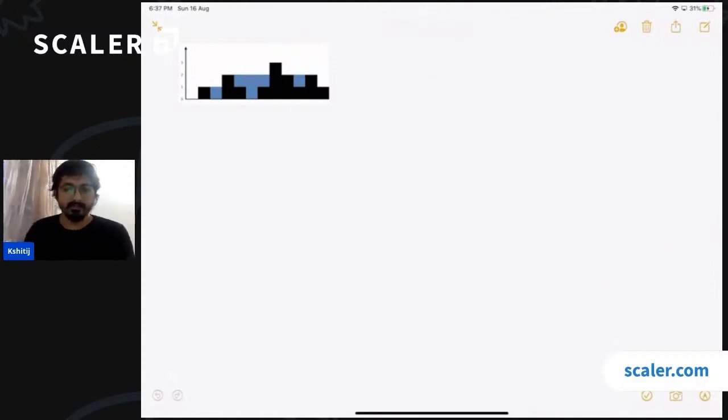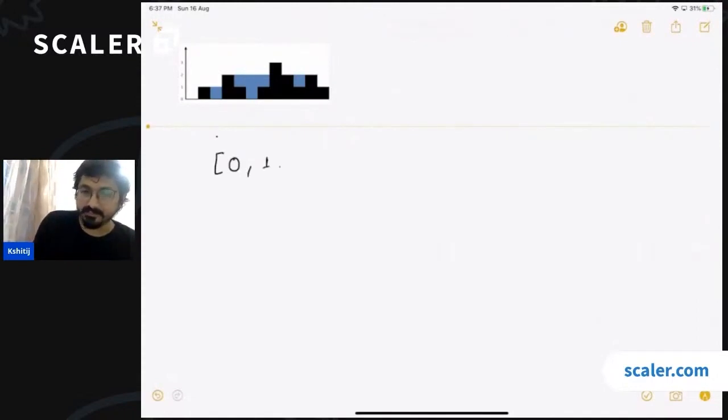Okay, so you can consider that these are 2D buildings, 2-dimensional buildings with a width of size 1, and the height is given to you in an array. Okay, so let's say that this is the array in which you have all the heights of the buildings.